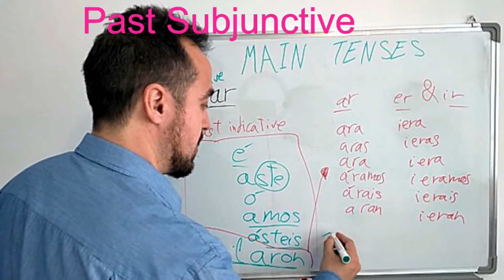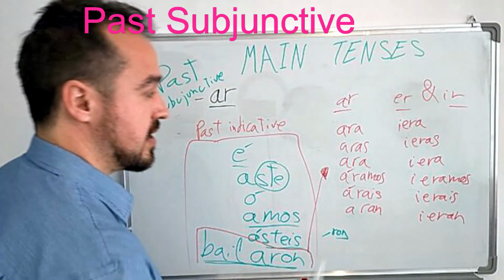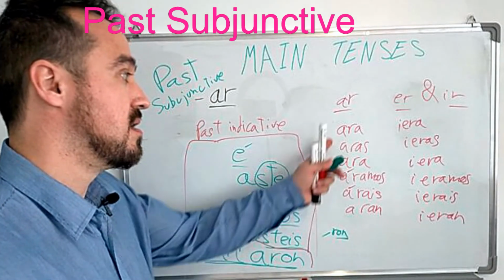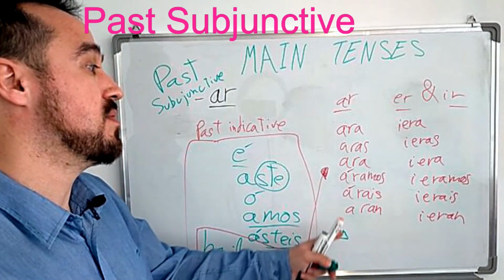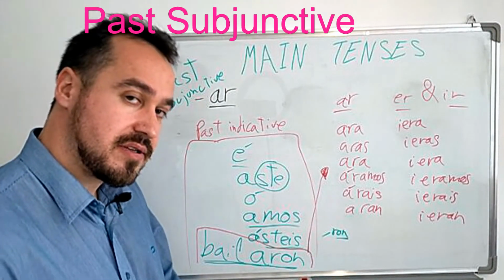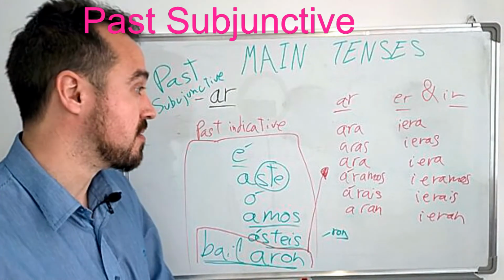So basically, you're gonna remove this, and you're gonna add the following. So for example, bailaron becomes bailara, bailaras, bailara, bailáramos, bailarais, bailaran. There is another form, but this is particularly easy, I think.